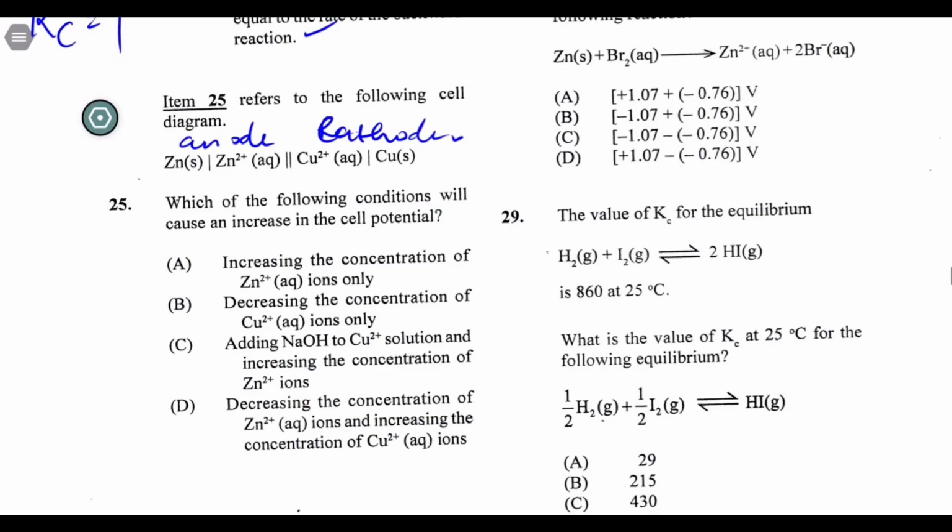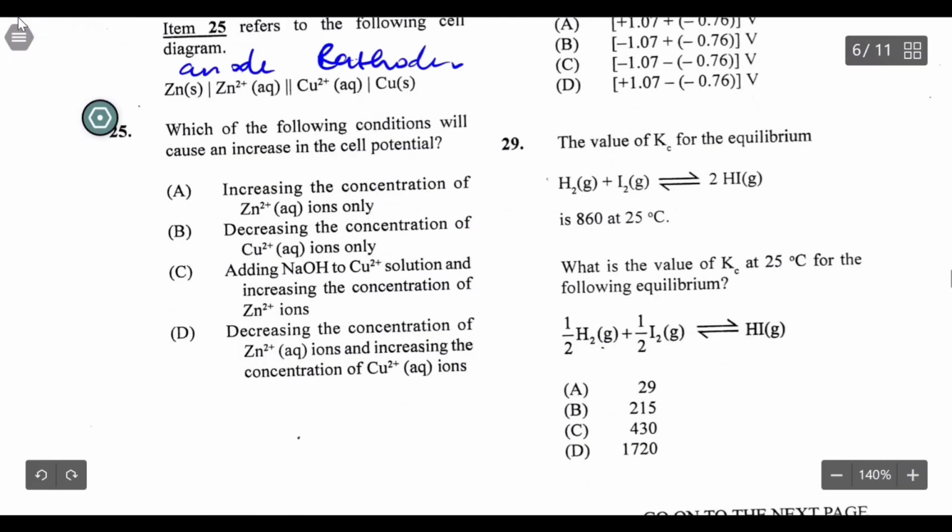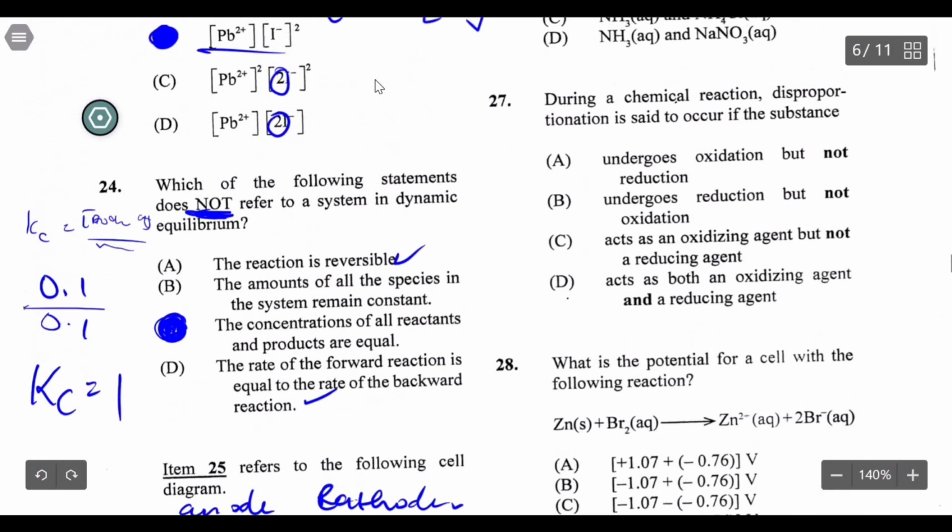Or D. By decreasing the concentration of the Zn2+ aqueous ions and increasing the concentration of the Cu2+ ions. What you'd want to do is decrease the concentration of the Zn2+ ions while you would increase the concentration of the Cu2+ ions.